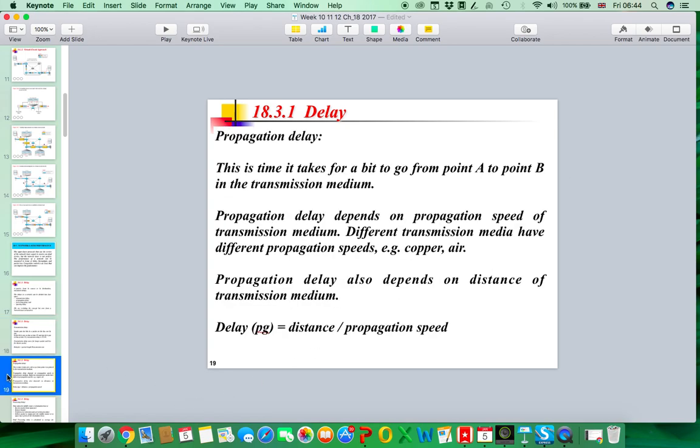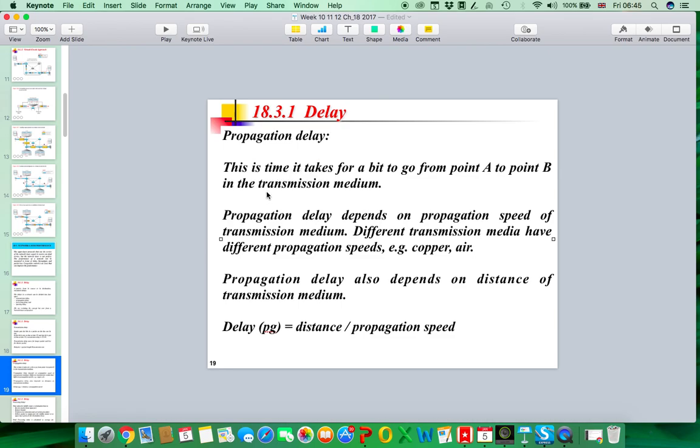Then we have propagation delay. This is the time it takes the bit to go from point A to point B in the transmission medium. This is where propagation delay is different from transmission delay. In propagation delay, it will change for each transmission medium.